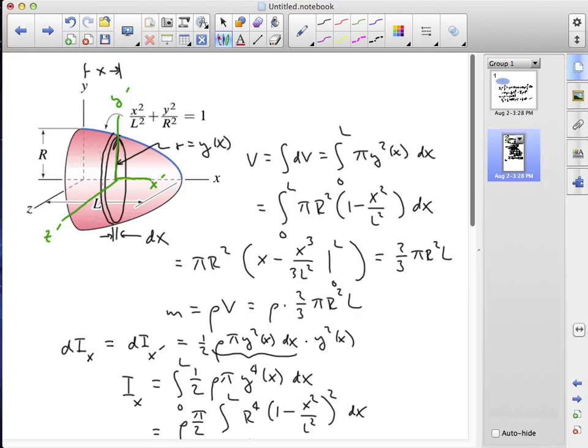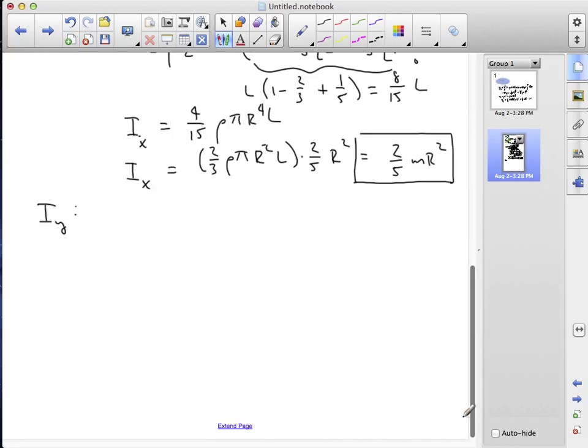So what we're going to have is a differential contribution about the y-axis is a differential contribution about the centroidal y-axis of the disk element plus the parallel axis offset. There's a distance x between the two axes squared dm.